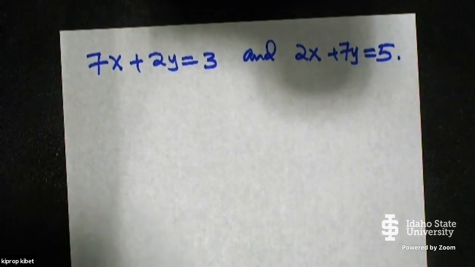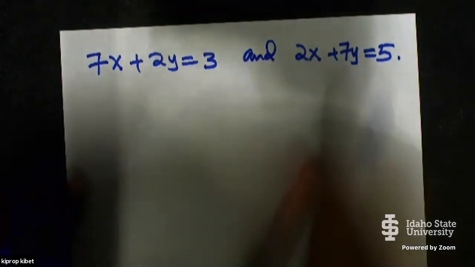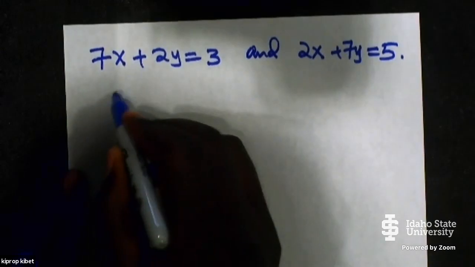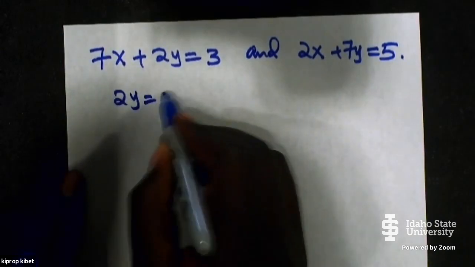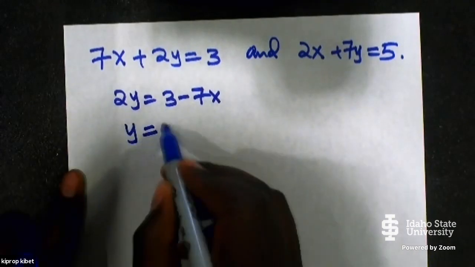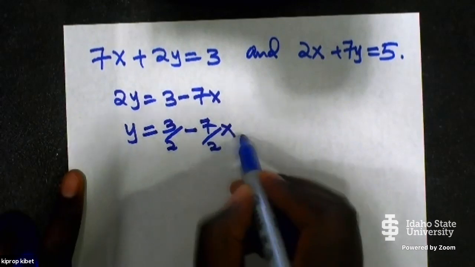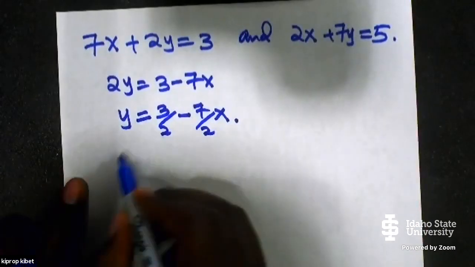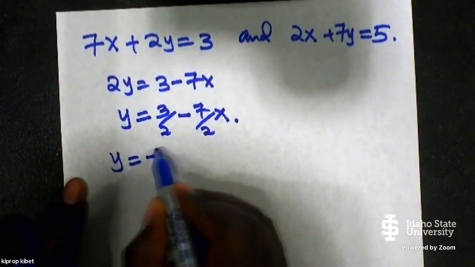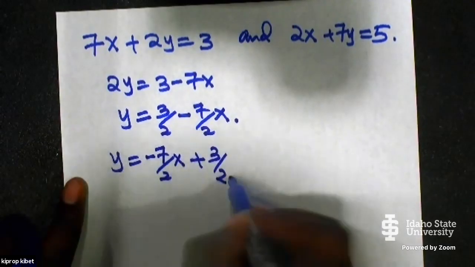So here you make y the subject, or you take 7x to the other side. So 2y equals 3 minus 7x. So y equals 3 over 2 minus 7 over 2 x. This is the same as y equals minus 7 over 2 x plus 3 over 2.